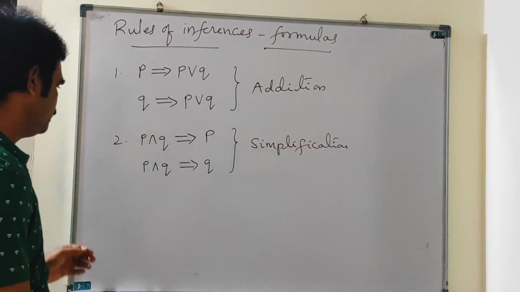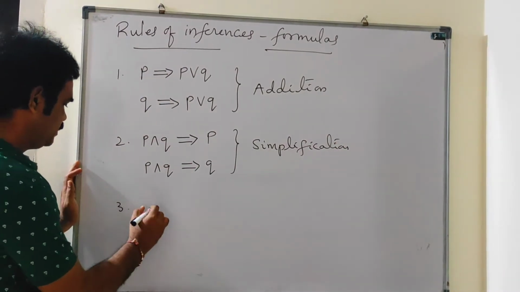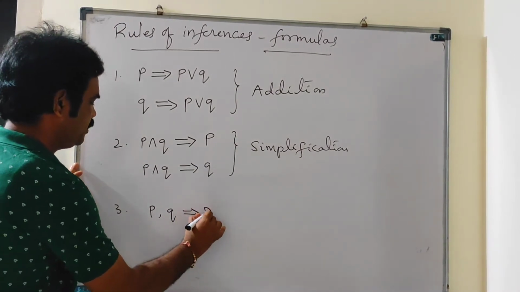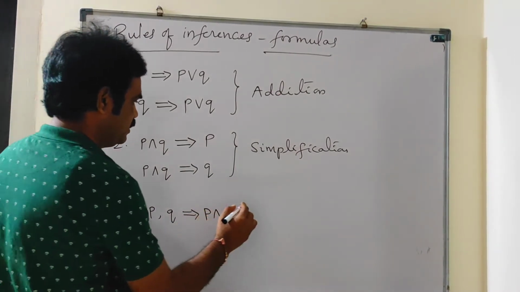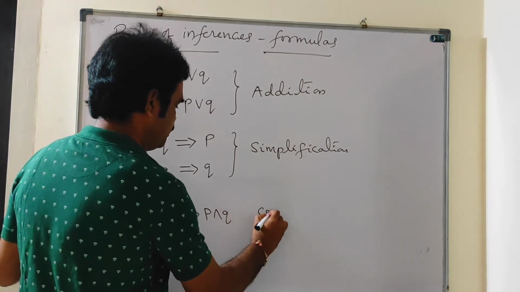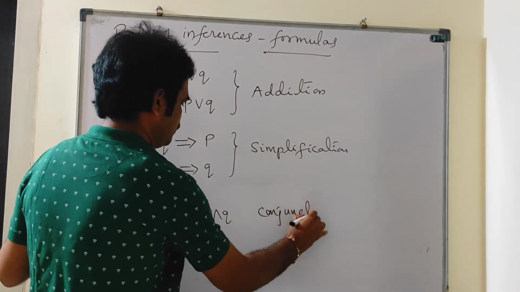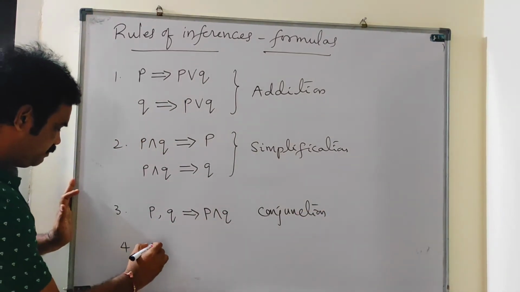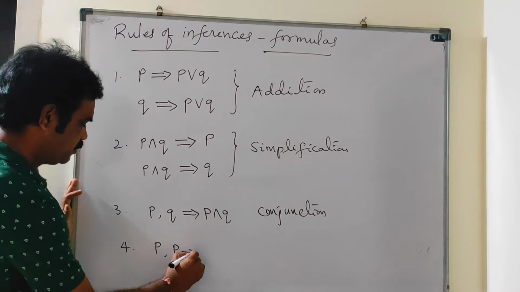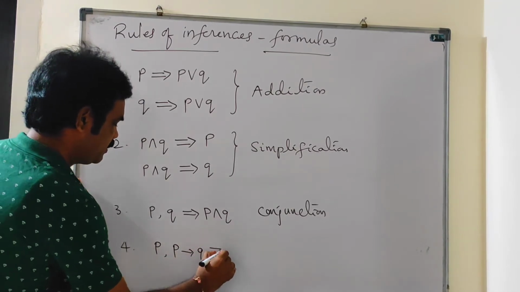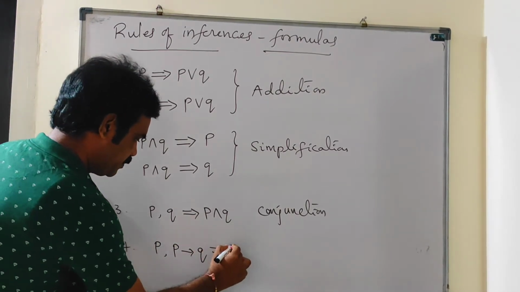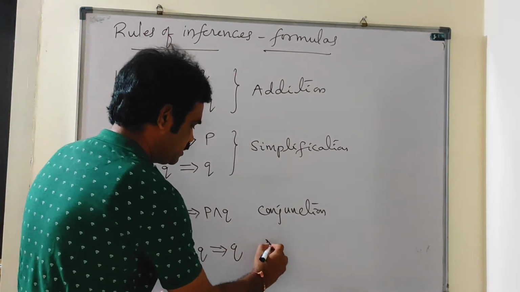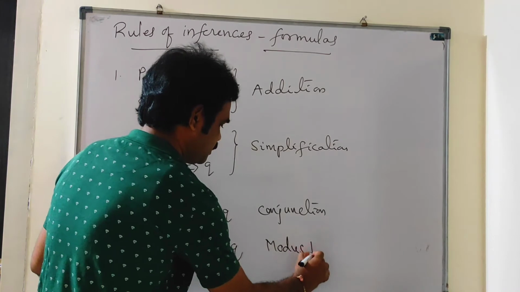Next, P, Q imply P and Q. This is conjunction. Next, P implies Q, P imply Q. This is known as modus ponens.